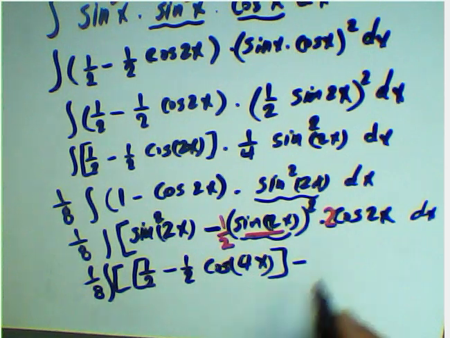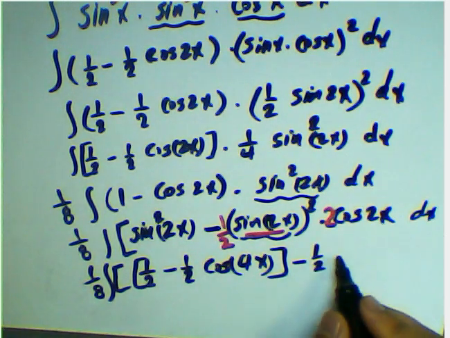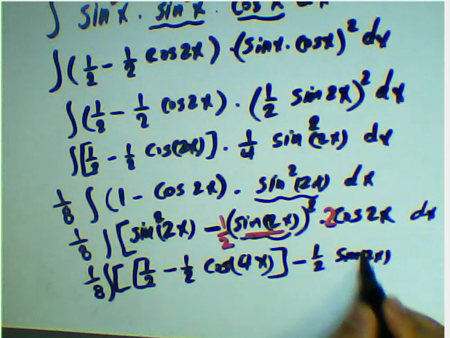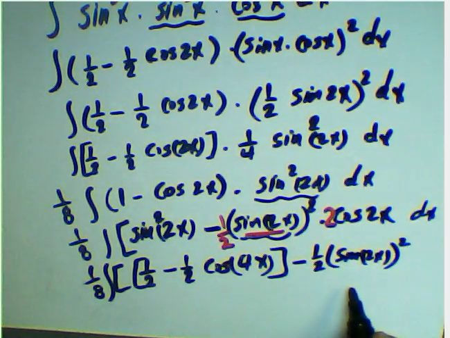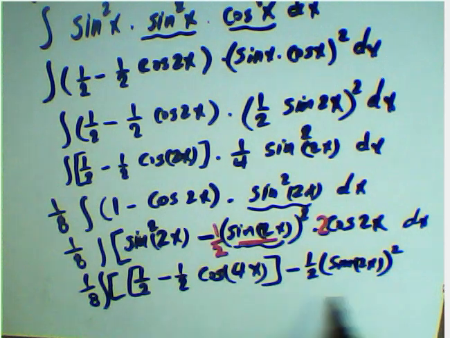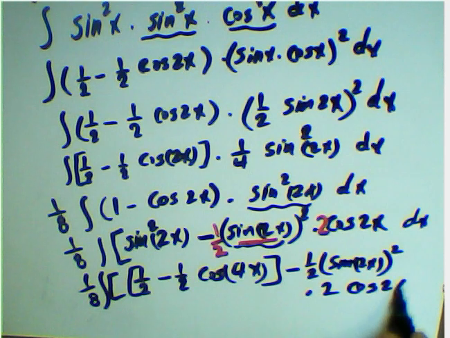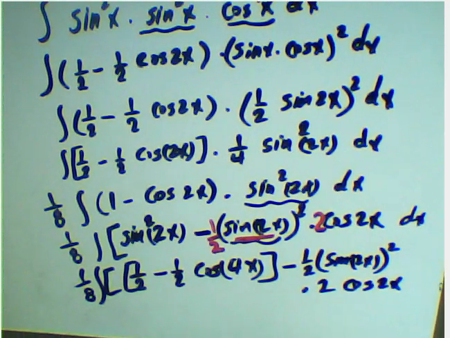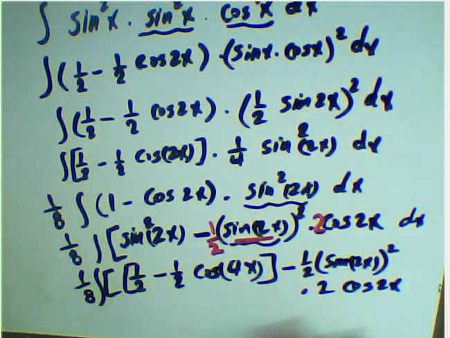Complete with me here. I will write half here and sine 2x all power 2 multiplication by 2 cosine 2x. Okay, the derivative here, we can write half coefficient between all of them.